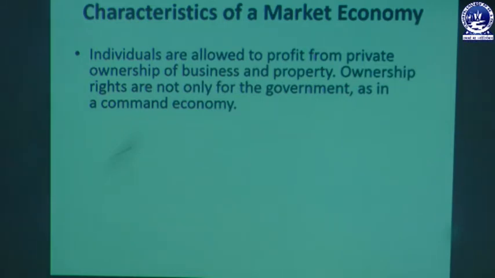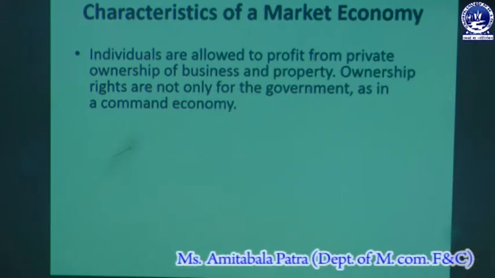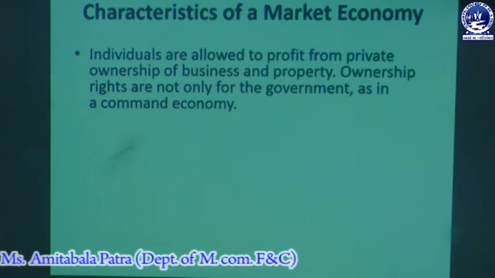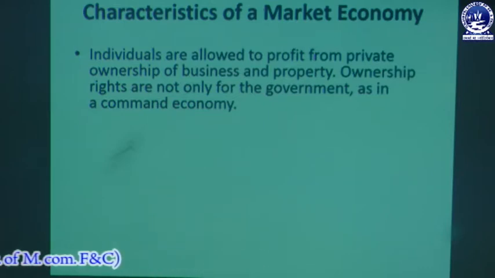This market economy is driven by private ownership, and, as we have already discussed, it is executed as per the demand and supply of the market. But the command economy is centralized, or governed by the government.